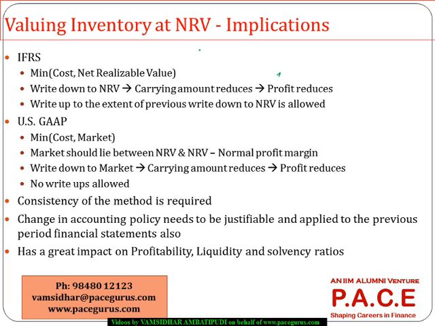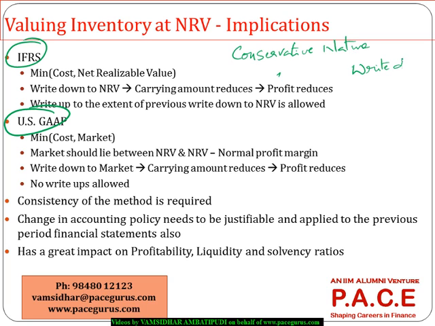Along with that, now we are trying to apply a conservative nature into the balance sheet preparation, and looking at what IFRS and US GAAP say about the representation of inventory in the financial statements, especially when there are write downs.